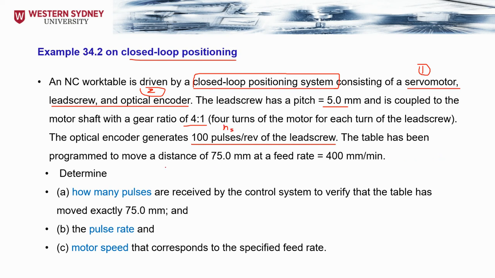The table has been programmed to move a distance of 75 millimeters, X, at the feed rate of 400 millimeters per minute, V. Now find how many pulses, MP, the pulse rate, which is the frequency FP, and the motor speed, NM.